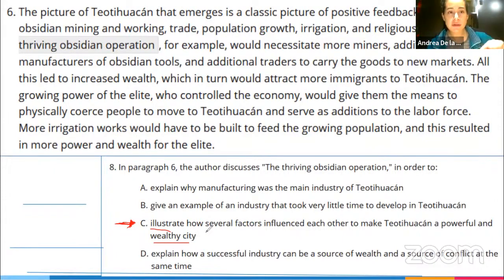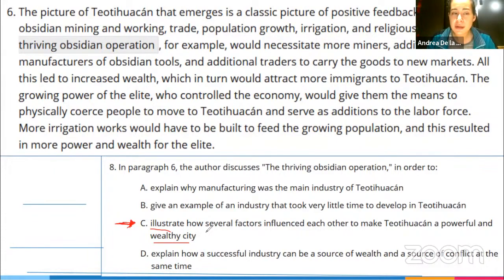Remember, we read every single paragraph and we tried to analyze what was the main idea of each paragraph. So every paragraph talks about a different idea, always. In one specific idea, this paragraph isn't talking about more than one idea. Although they are mentioning things like population growth, irrigation, mining, working, trade, this paragraph is only about one specific idea.